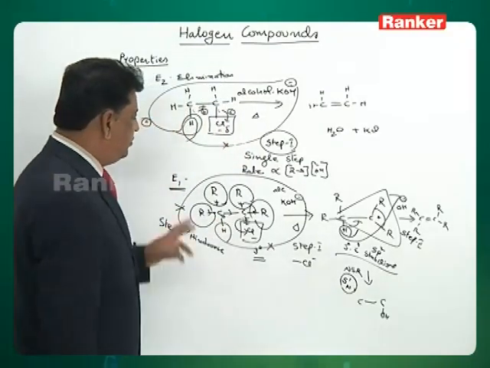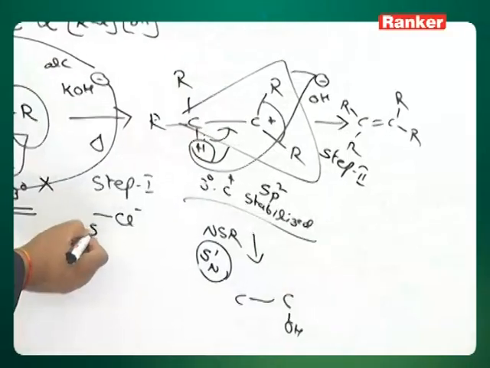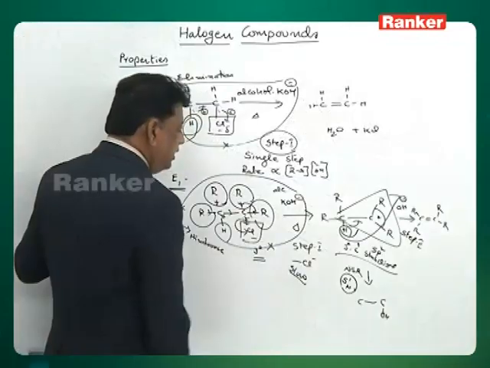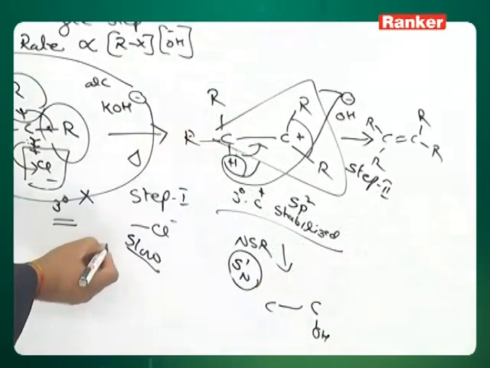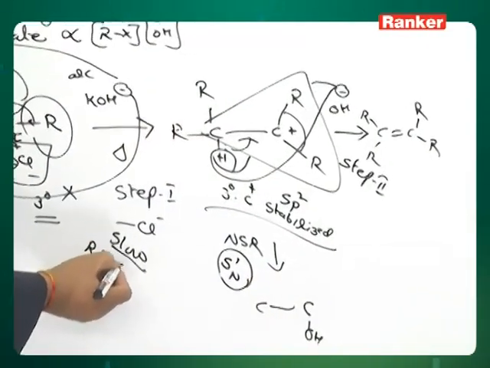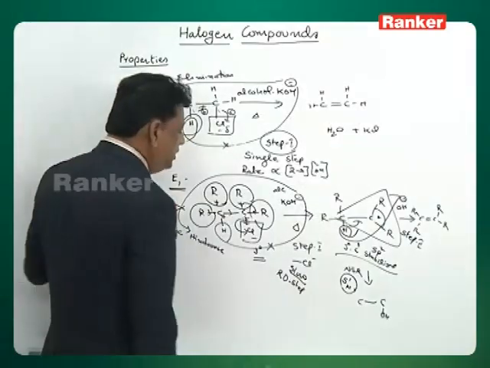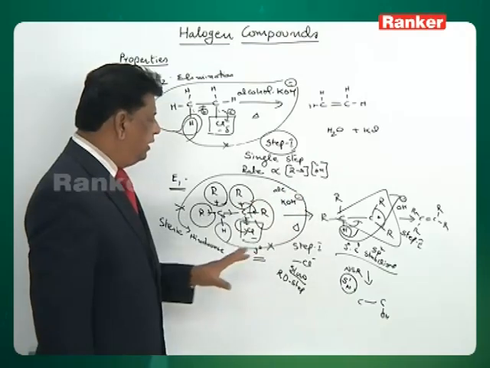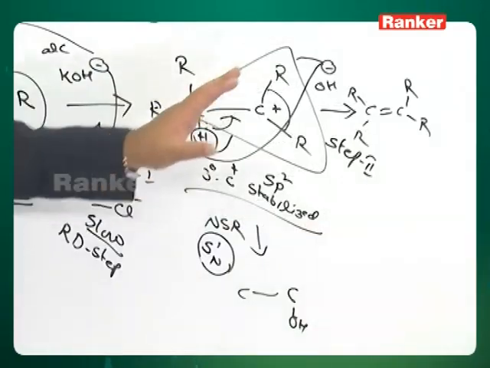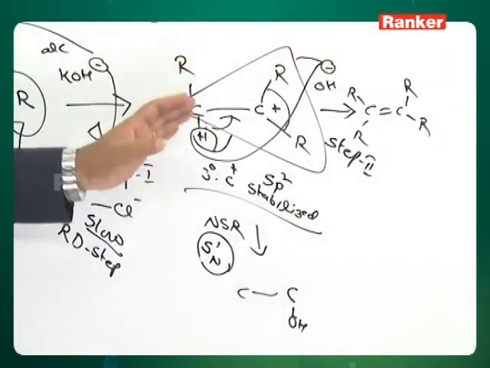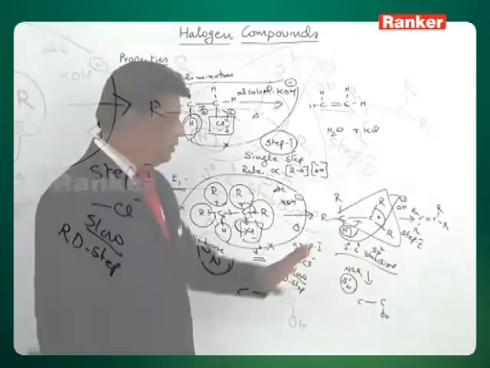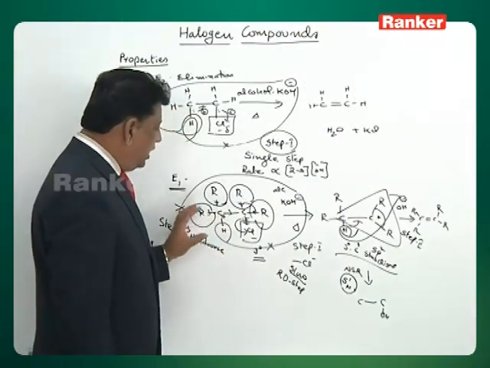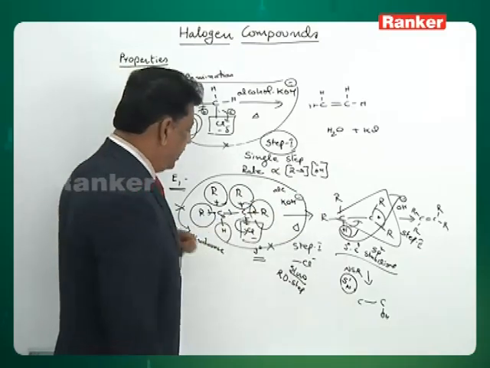Out of these 2 steps, step 1 happens to be the slow step. Since it is the slow step, we decide it is the rate determining or RD step, it is called. So, in this rate determining step, OH is simply waiting to get the carbocation. OH is attacking in the second step, which is a very fast step. So, in the slow step, only the alkyl halide is becoming a carbocation.